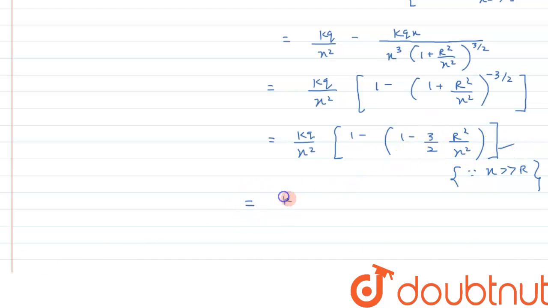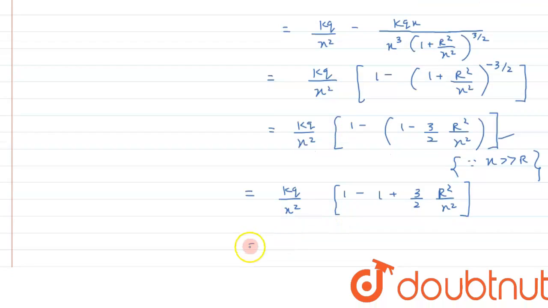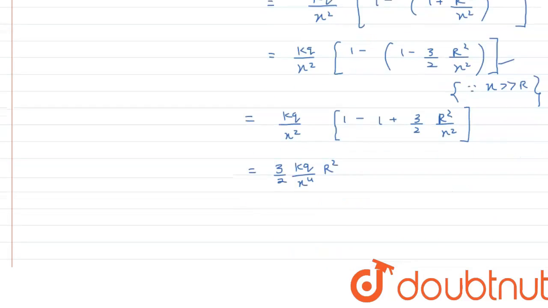So this can be written as kq by x square, and in the bracket 1 minus 1 plus 3 by 2 r square by x square. If we simplify, this can be written as kq by x raised to 4, times 3 by 2, times r square, so this is the expression we are left with.